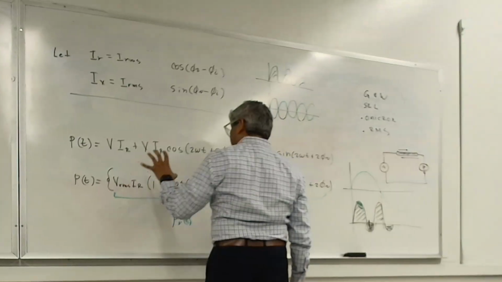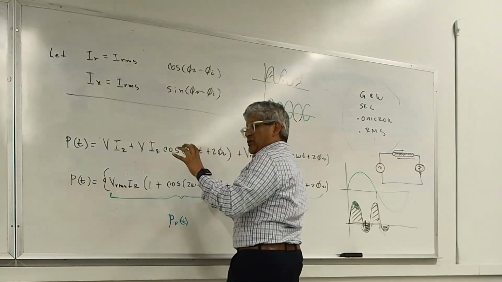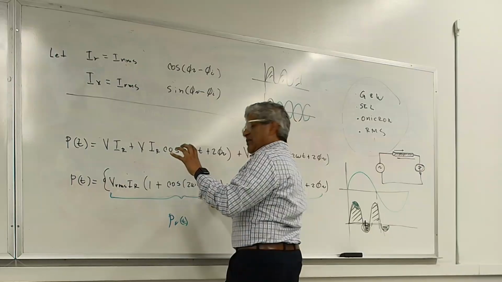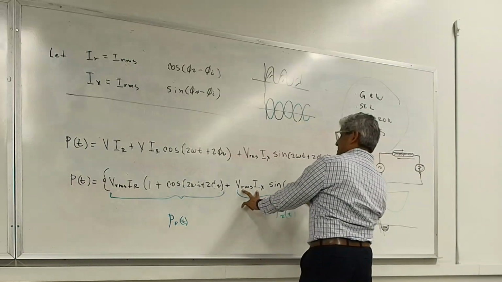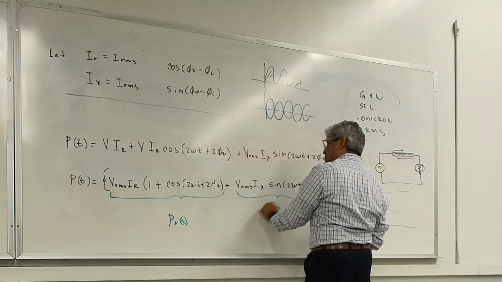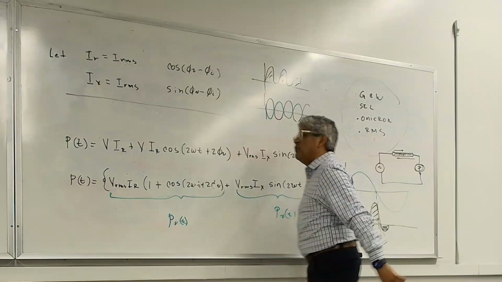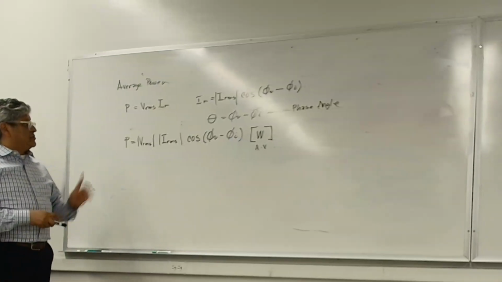So I'm just taking the piece that is not time dependent because I don't care about the part that is moving with respect to time. I'm only interested in this in itself. The average power can tell me what the load is if I know the load voltage and current. So that's that.